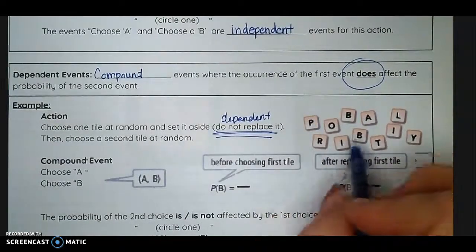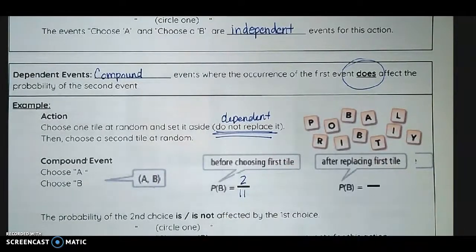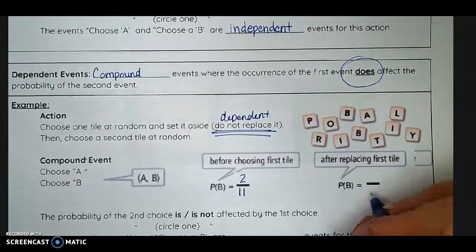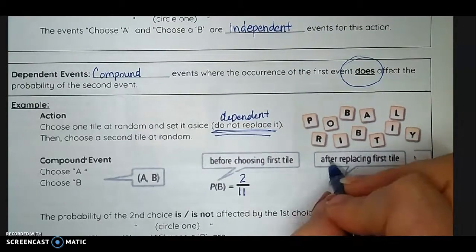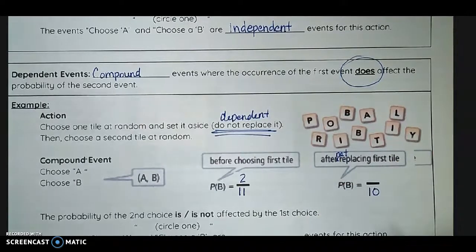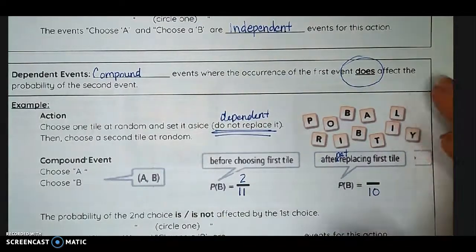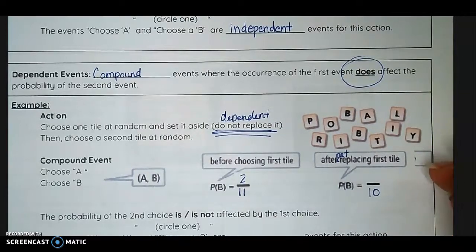So before choosing the first tile, there are 11 tiles, and there are 2 letter Bs. Now, after I choose my first tile, if I don't replace it, I'm only going to have 10 tiles left. No matter what tile I picked, say it was the A, I only have 10 tiles left.